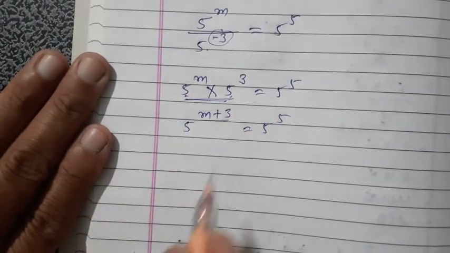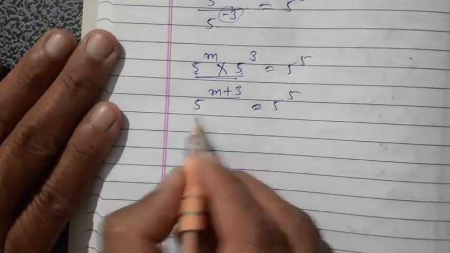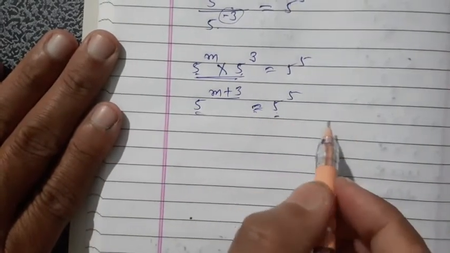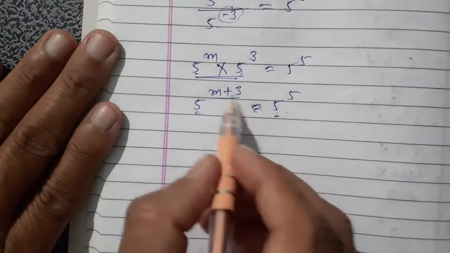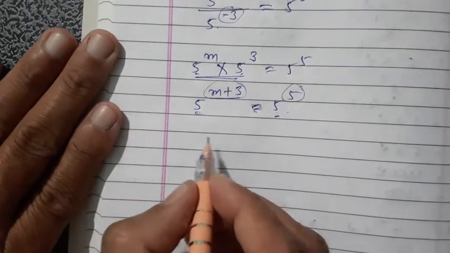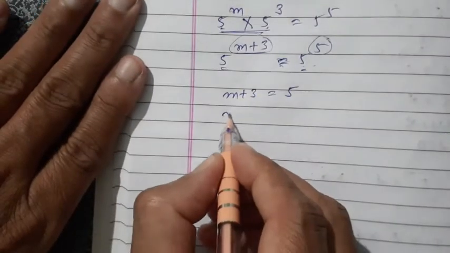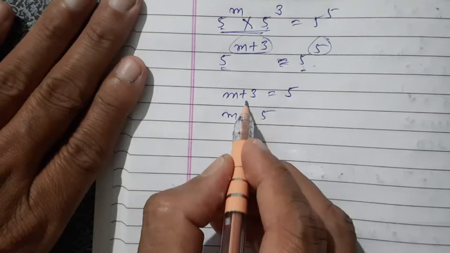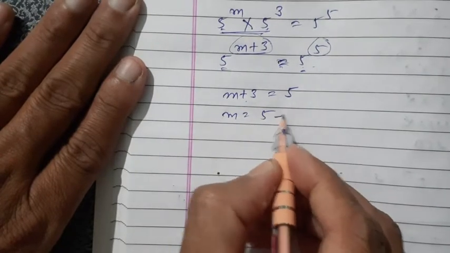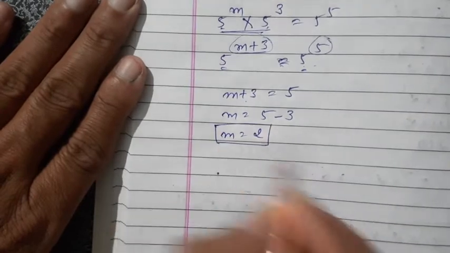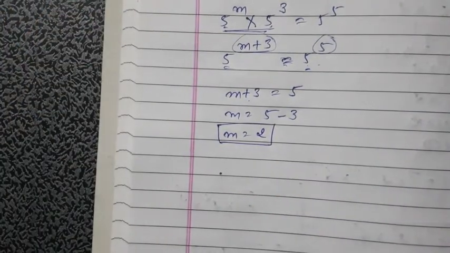Addition of power. Now look, both sides. If equal to is there, both sides have the same base, and the values of both are equal, that means powers are also equal. So m plus 3 equal to 5. So m equal to 5 plus 3, which changes side, it becomes a minus. So m equal to 2. The value of m is equal to 2.